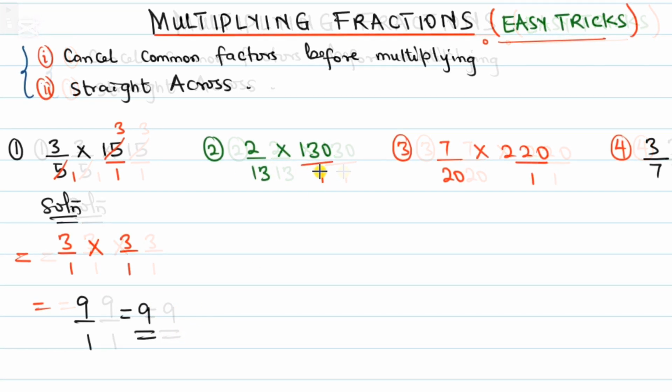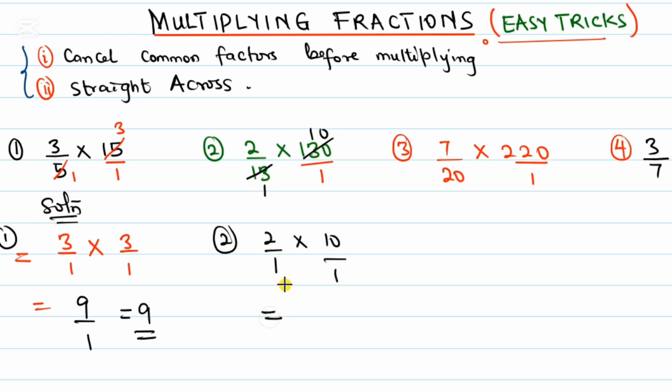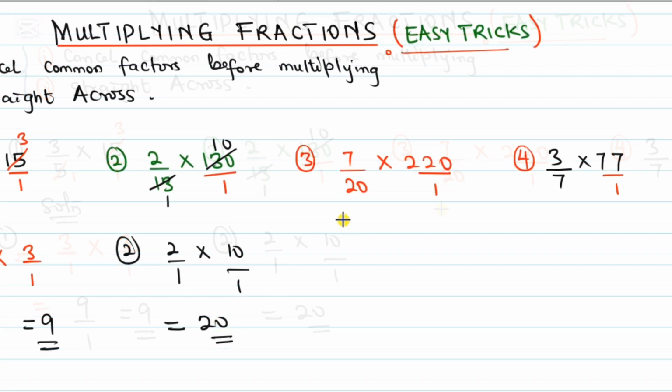Okay, so we move over here. Is there any common factor here? Yes, 13 can divide 13 and also divide 130. So 13 into 13 is 1, and that gives us the solution as 20 over 1, which is also 20. And for number 3 here, is there any common factor? Yes.